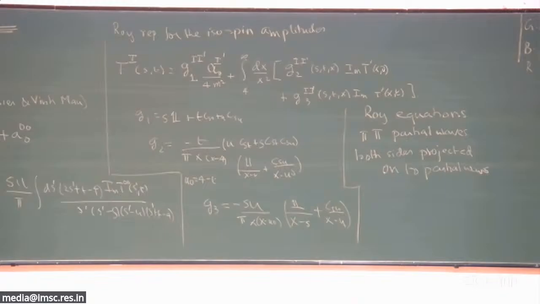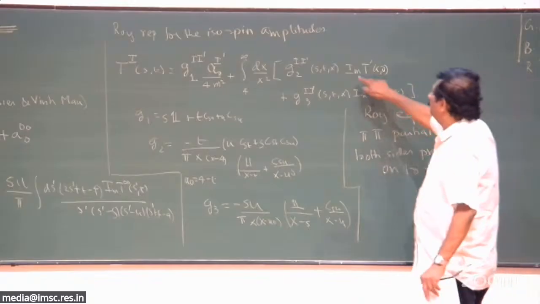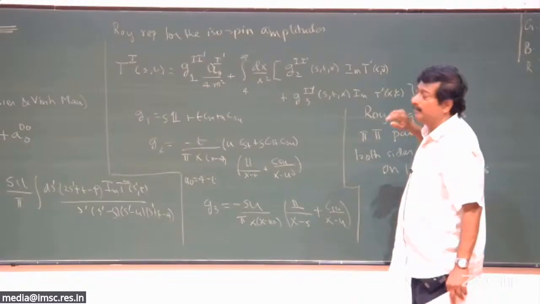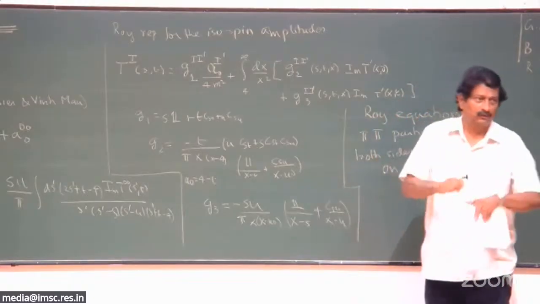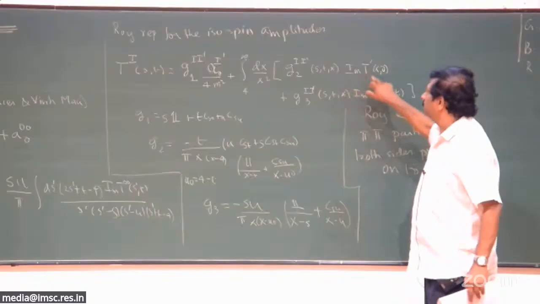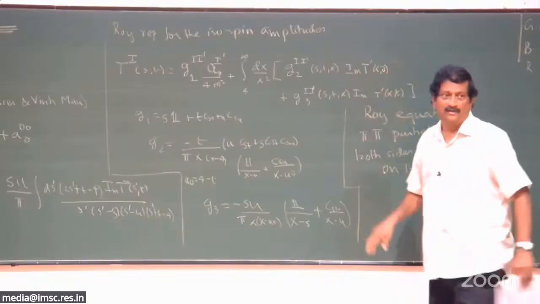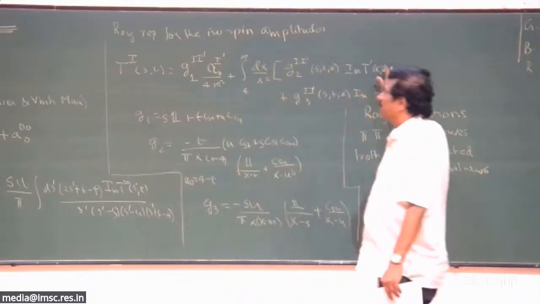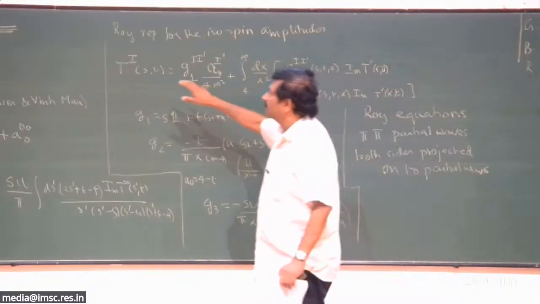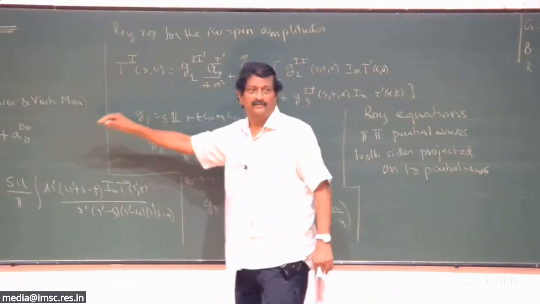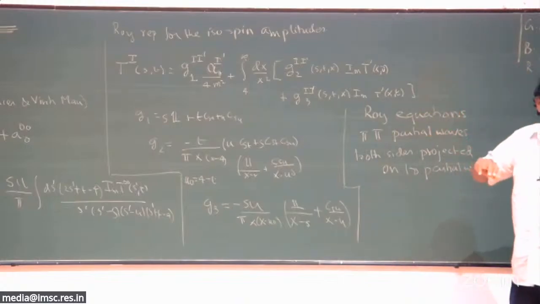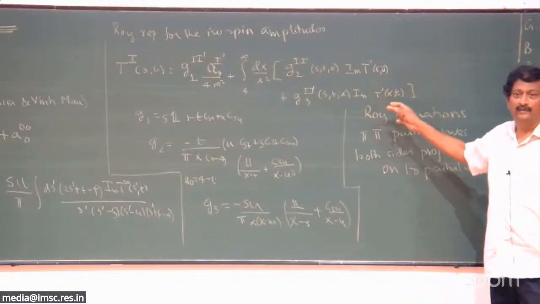But there's one more thing you can do, which is you can introduce a partial wave expansion for the imaginary parts also. One thing that you're doing is to project onto partial waves. The other thing is also to project these onto partial waves. See that there's an amplitude on the left-hand side and there's an amplitude on the right-hand side. The process, of course, means that the right-hand side also has to be multiplied by the Legendre polynomial.